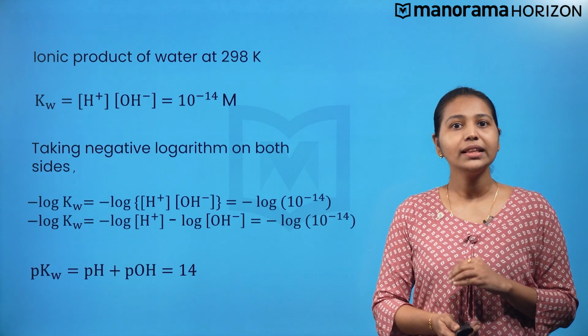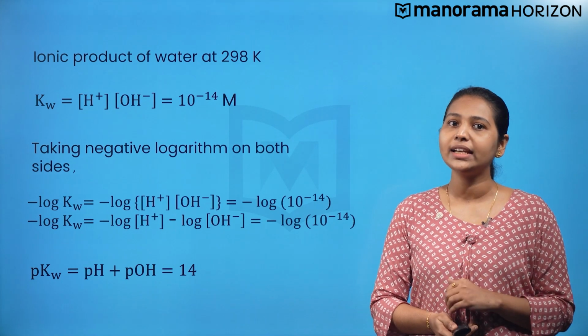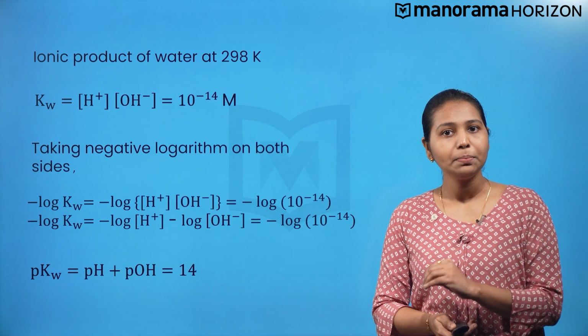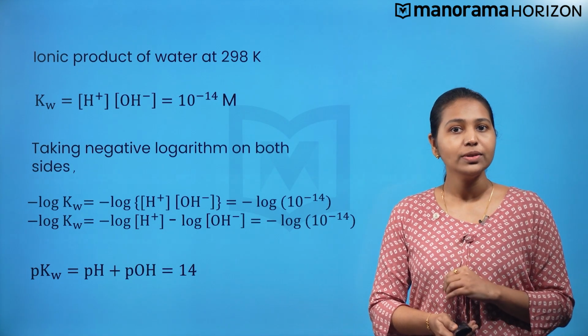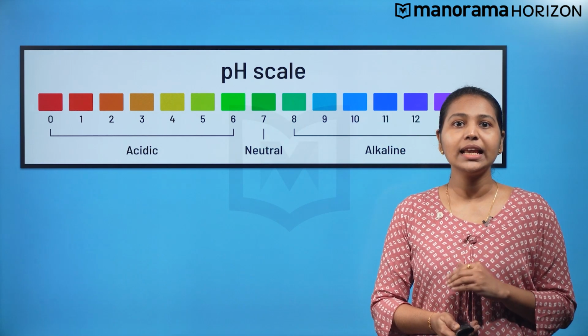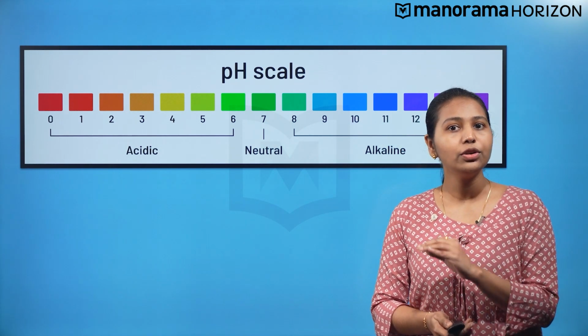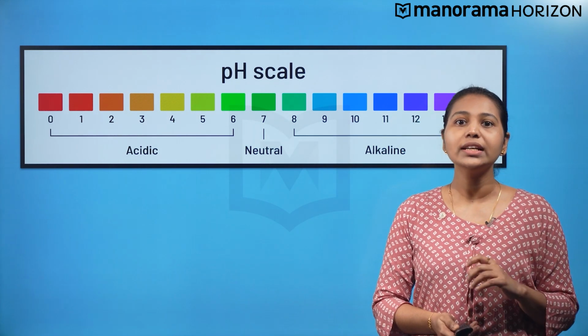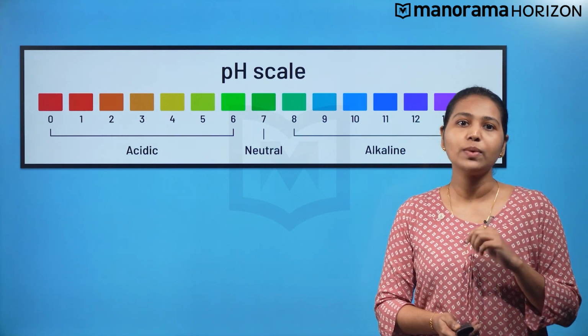Thus, you may represent the ionic product of water at 298 Kelvin as pKw, which is equal to pH plus pOH, and its value is 14. Based on this pKw value, the pH scale has markings ranging from 1 to 14, and the nature of the solution, acidic, basic or neutral, is decided based on these values.